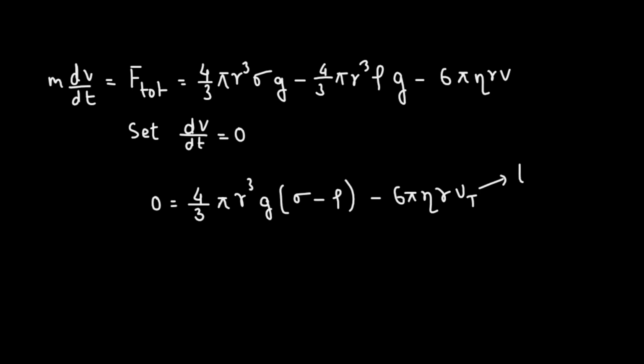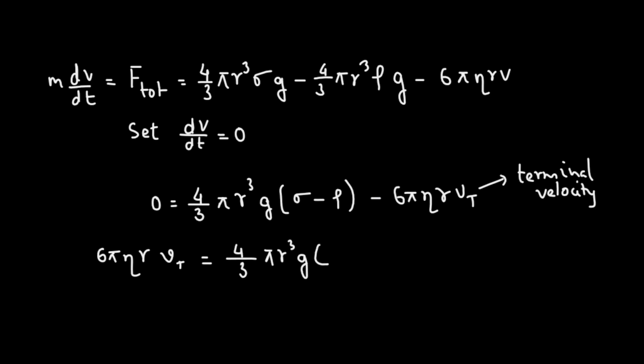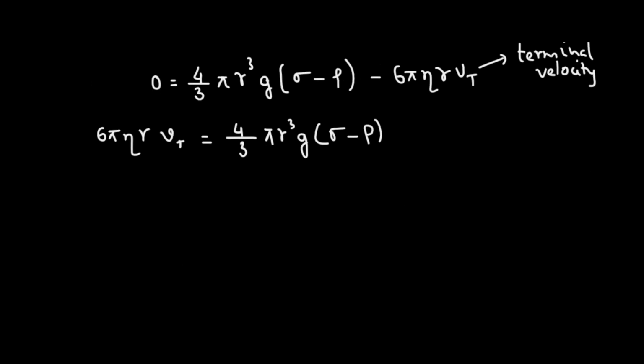Solving for vt, we get 6 pi eta r times vt equals 4/3 pi r cubed g times sigma minus rho, dividing both sides by 6 pi eta r.